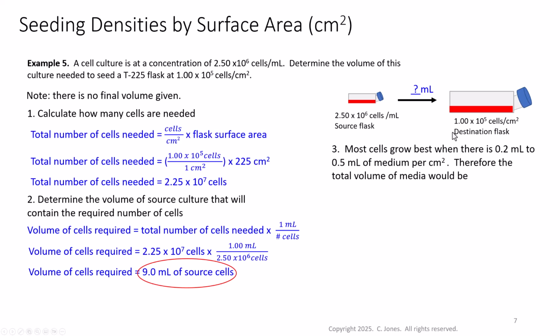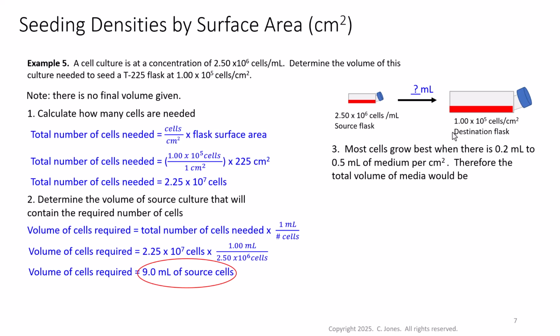Now, we didn't address the fact that we need media. And 9 mils of cells is not going to be enough media for those cells to survive in a T225 flask. It won't even cover the surface of the entire flask, and the media will dry out and the cells will die. So it turns out that most cells grow best when there's between 0.2 to 0.5 mils of medium per centimeter squared.